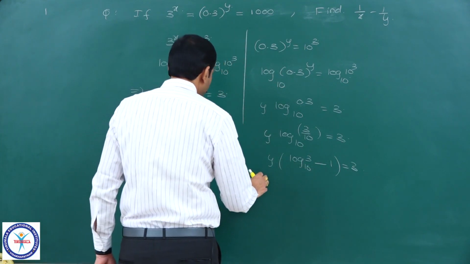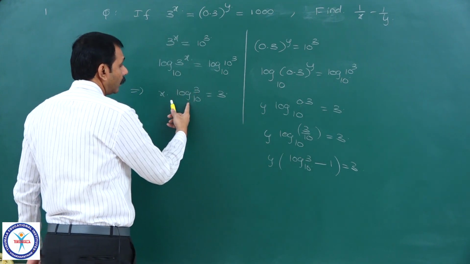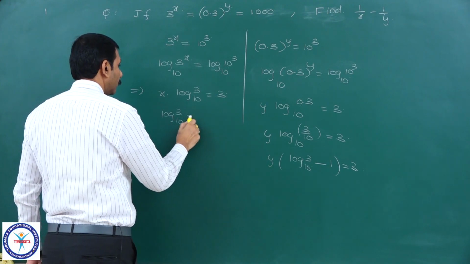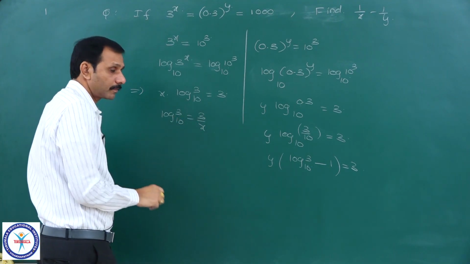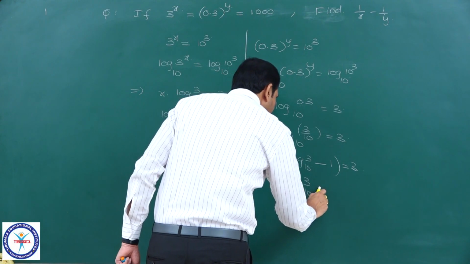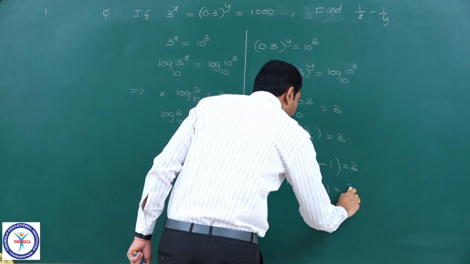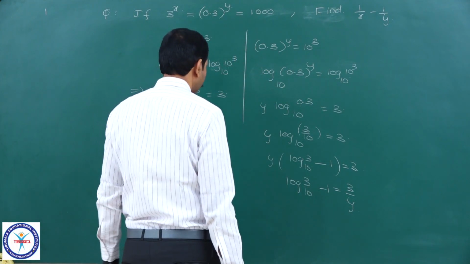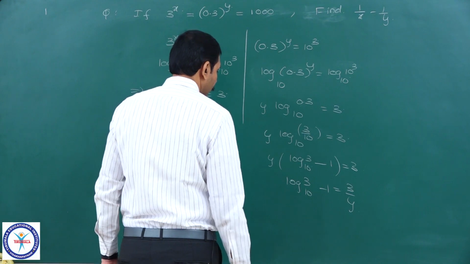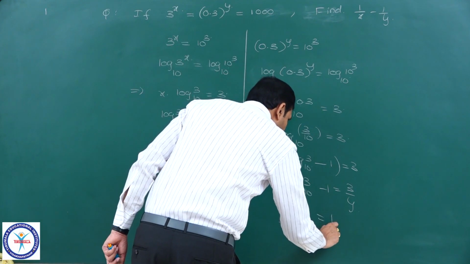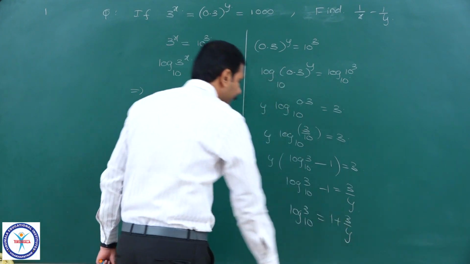Therefore, observe this, log 3 to the base 10 equal to 3 by x, and here log 3 to the base 10 minus 1 is equal to 3 by y. Or log 3 to the base 10 is equal to 1 plus 3 by y.